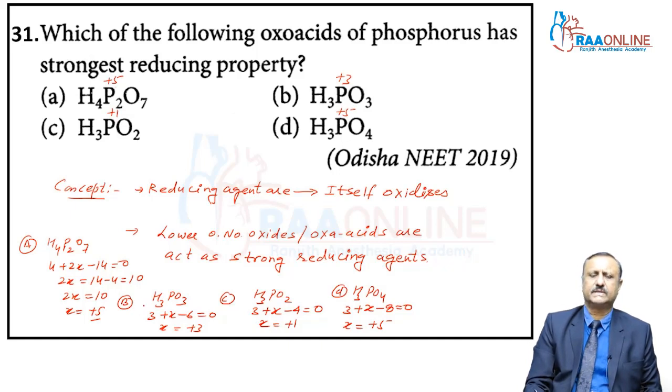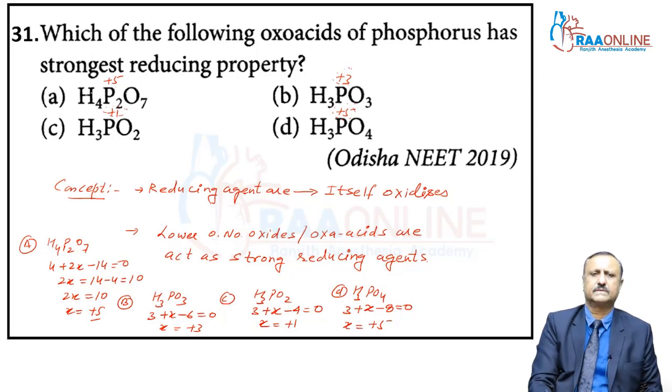So my dear students, you can see the +1 oxidation state may go higher, to +3 or +5. Then the +3 oxidation state may go higher to +5. But here the +5 oxidation state cannot go to a higher oxidation state.